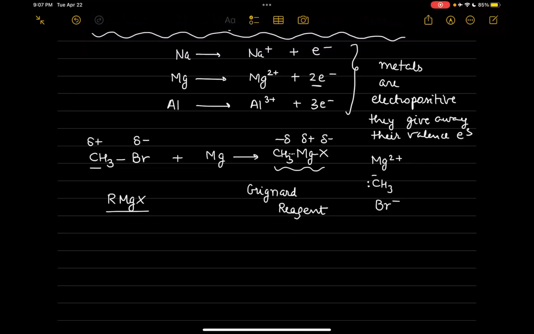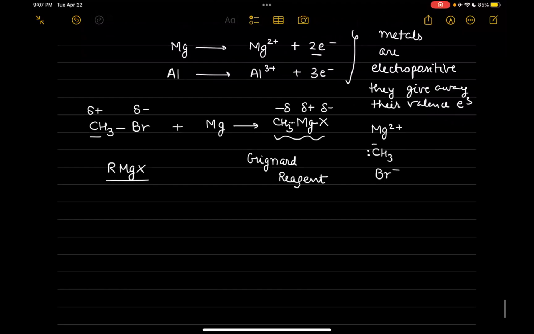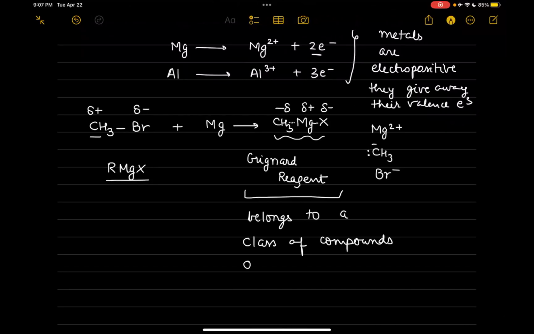This is known as Grignard reagent, and it belongs to a class of compounds known as organometallic compounds.